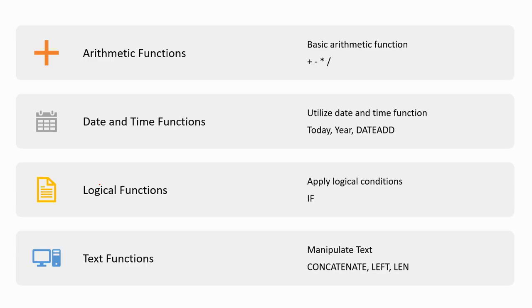Let us go ahead with the basic DAX functions. We have four basic types: arithmetic, date and time, logical, and text functions. For arithmetic, like total sales, you can take the sales amount and the sales tax and simply use plus, minus, and asterisk, the basic arithmetic operators.